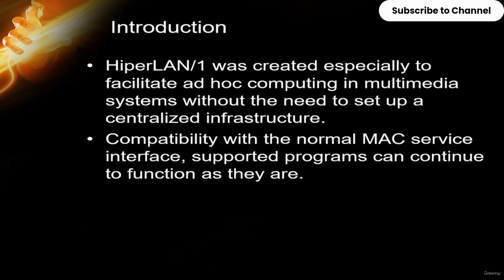HiperLAN operates in 5.15 gigahertz to 17.1 gigahertz frequencies, with a throughput of 23.5 Mbps and 50-meter coverage, and it operates with less than 10 milliseconds mobility.